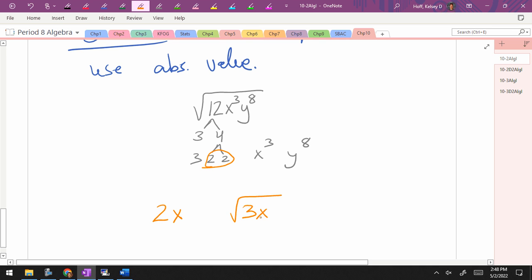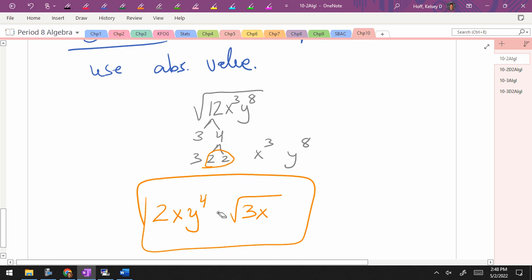Y to the 8th. How many groups of 2 can you make? 4. How many leftovers are there? None. The last thing we have to check, did any of these evens end up with an odd? Done. Normally you wouldn't have this gap in here, but I spaced it out.